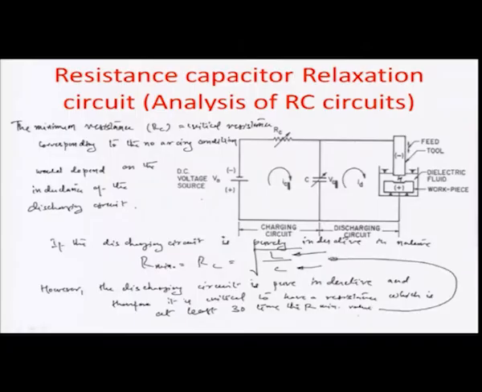Okay. So 30 root L by C is the operating point for the resistance corresponding to no arcing condition.